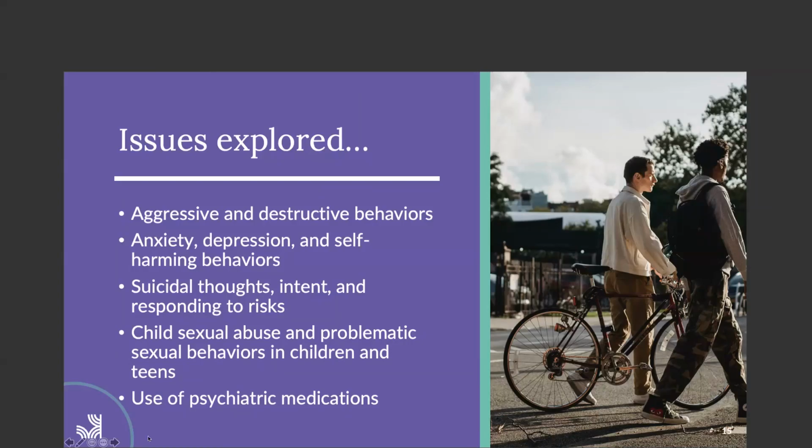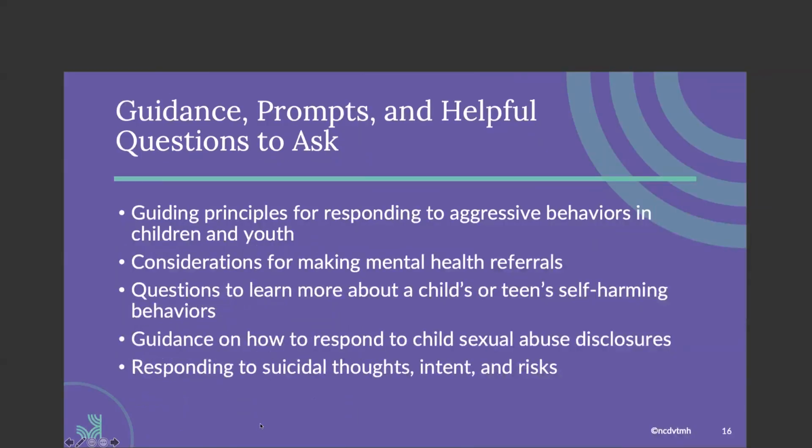So we wanted to give enough information in the toolkit, prompts and resources, extensive resources, to help everyone feel confident in identifying potential concerns and in supporting the families that you all are working with. We also are very encouraging that ongoing reflective supervision supports the staff in working with families, whether that's support from program managers or clinical supervisors.